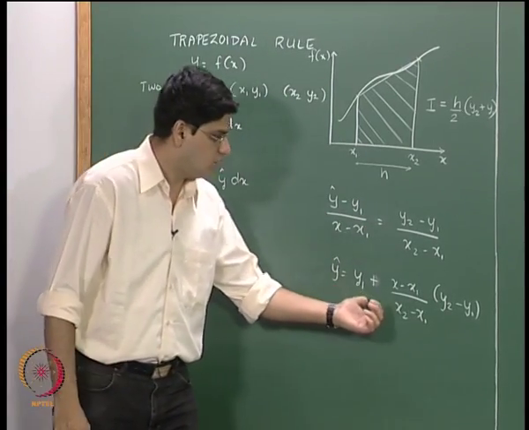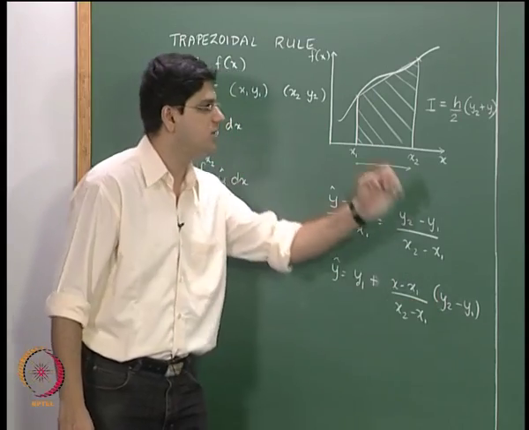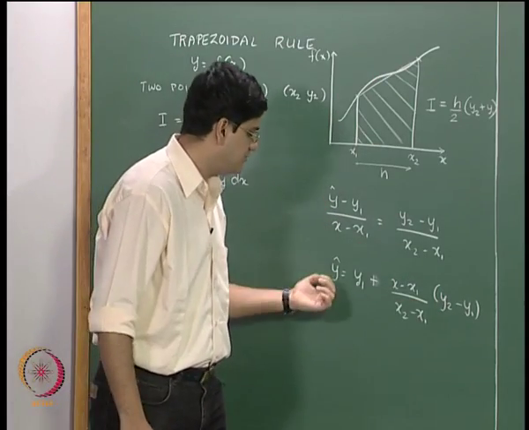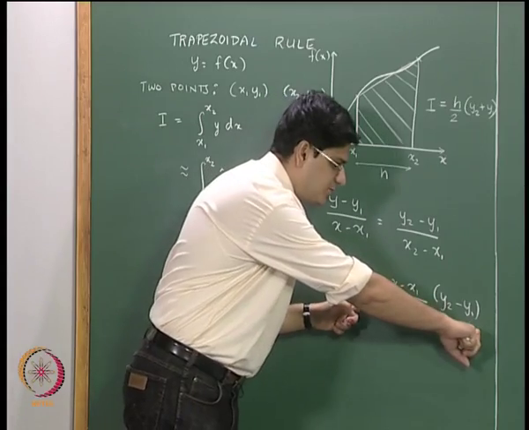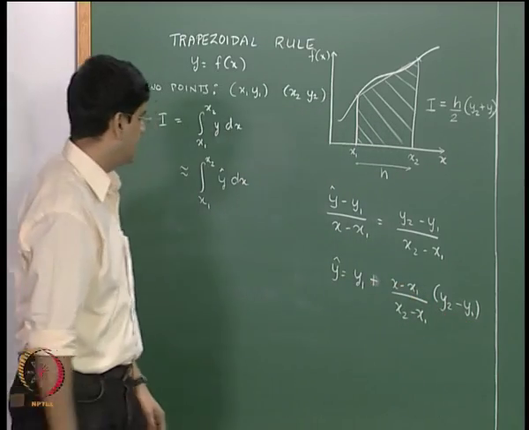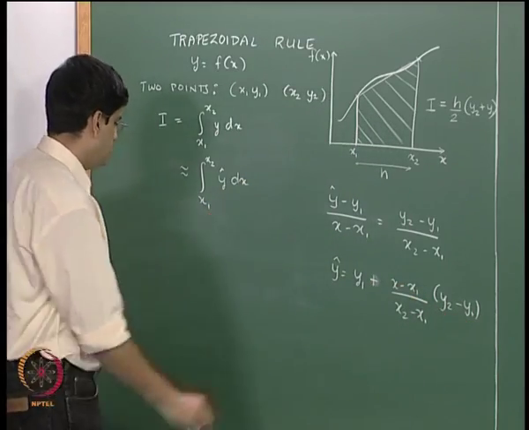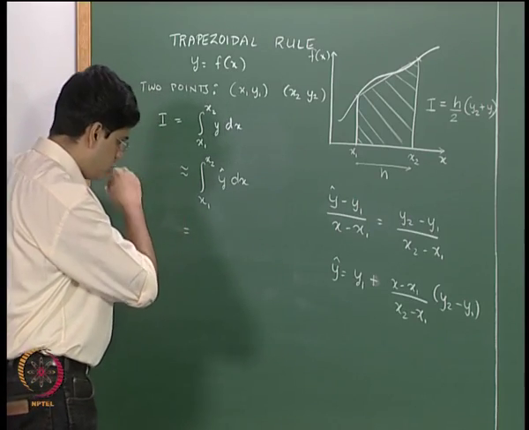Okay. So now the area under that trapezoid is nothing but the integral of this particular part dx from x1 to x2. So we will just substitute that over here.